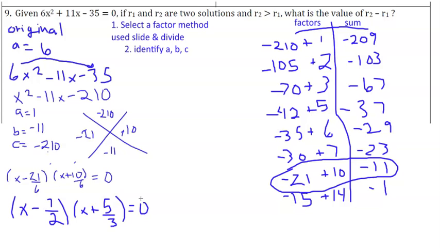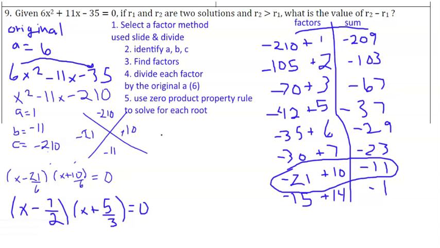From here, we'll set each one equal to 0 using the zero property rule to solve for the x's. So we have x minus 7 halves equals 0 and x plus 5/3 equals 0.